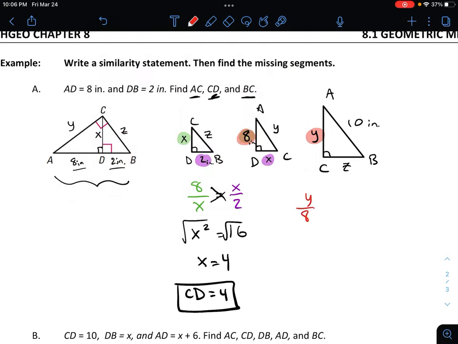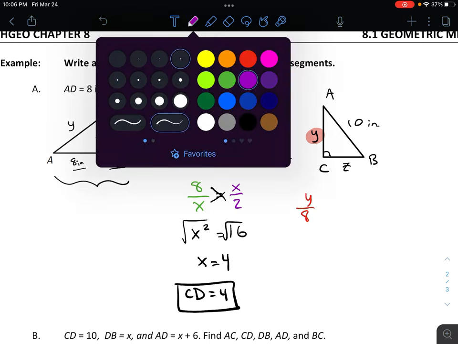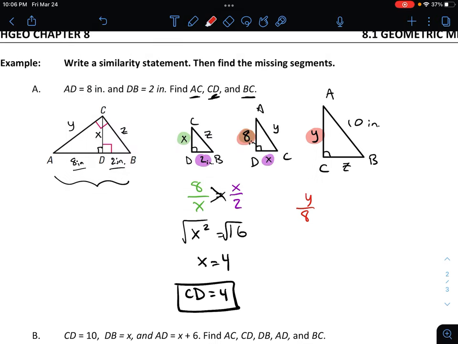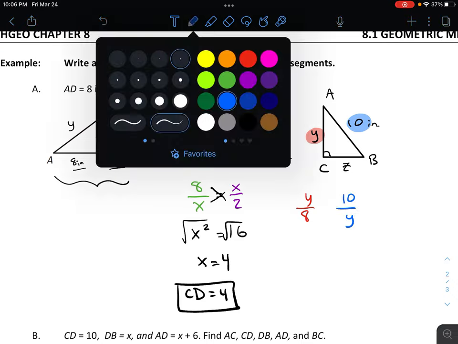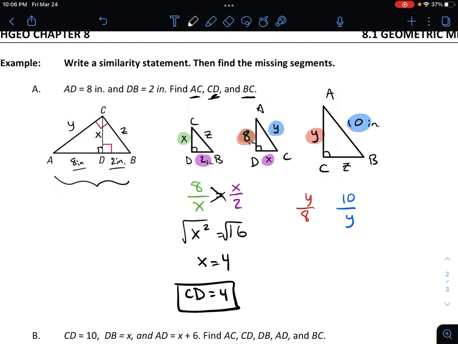Then, let's use blue, I want to compare this y to something. That y matches up with the 10. I do have to compare the same thing in the same order, so this has to equal 10 over y. I can't do y over 10, because when I compare things, I have to compare in the same order. So y over 8 is 10 over y.